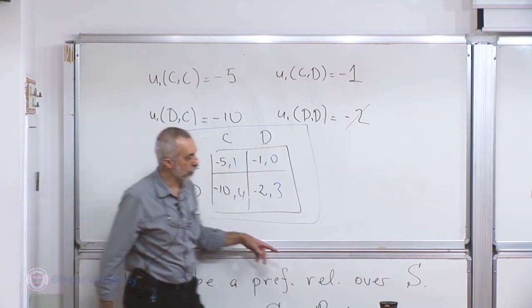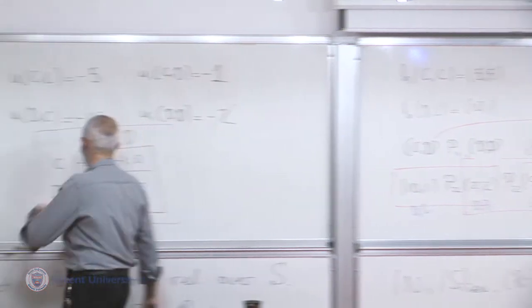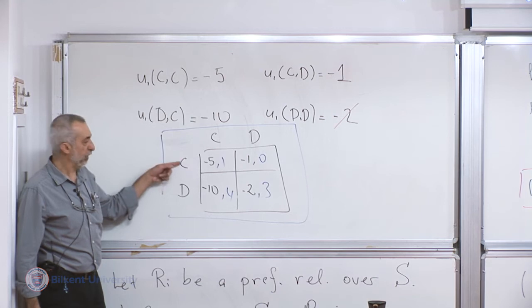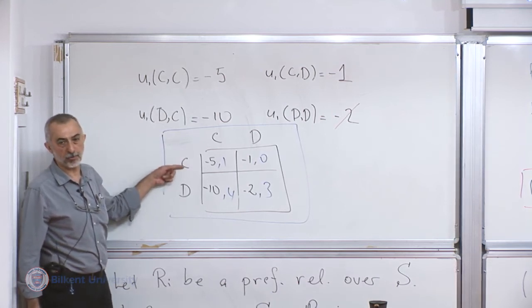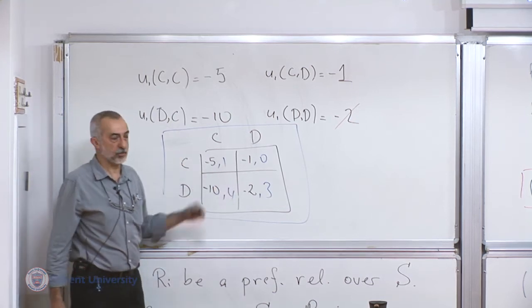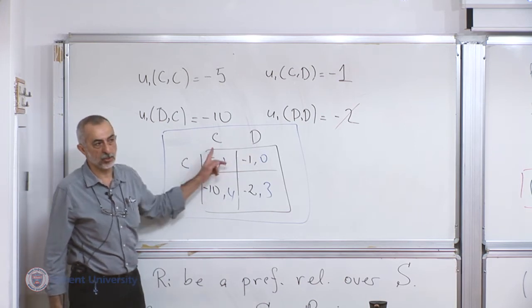So I know that N consists of 2 players. There are 2 rows, so I know that player 1 has 2 strategies, denoted C and D. Looking at this, I can tell that player 2 has 2 strategies, labeled C and D.